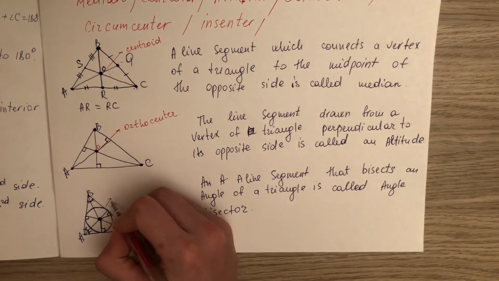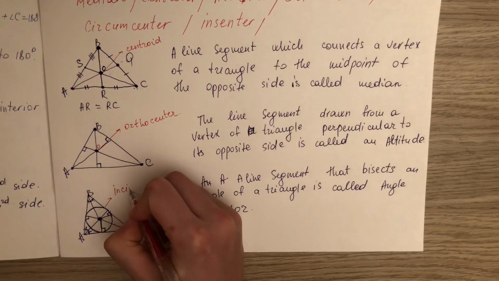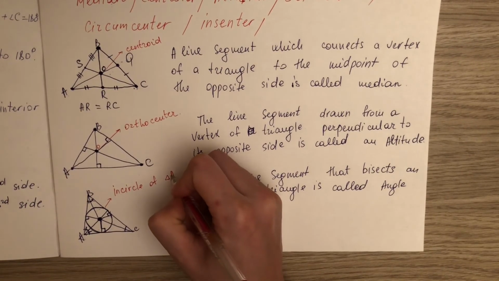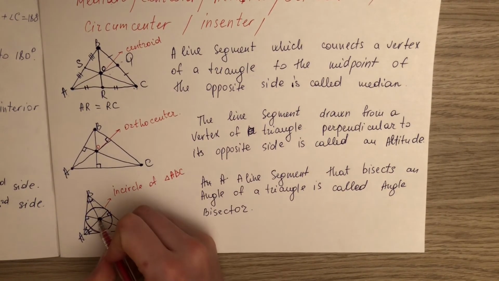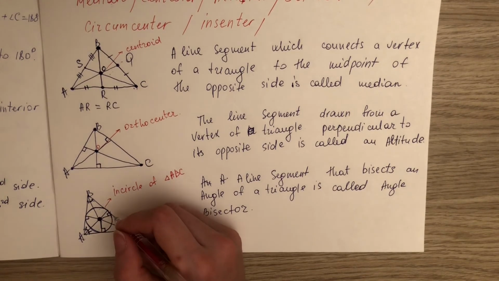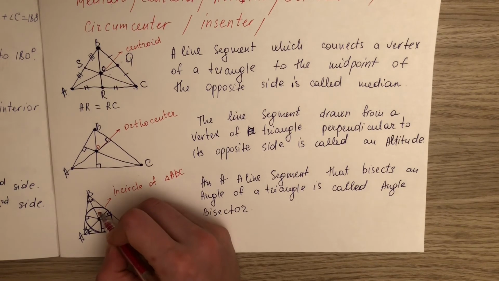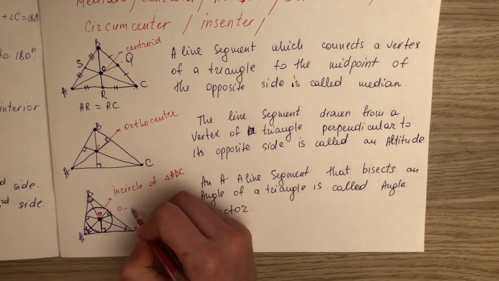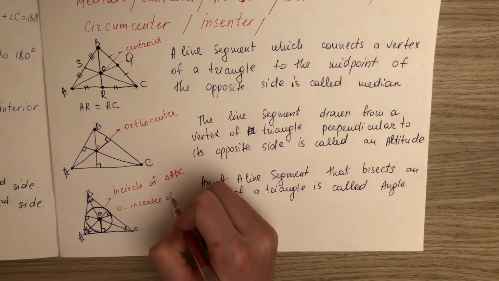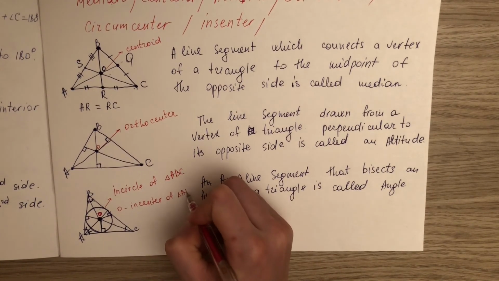This circle is called incircle of triangle ABC, and the intersection of bisectors is called incenter of a triangle. O is called incenter of triangle ABC.